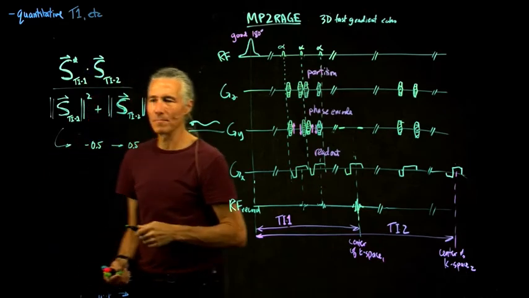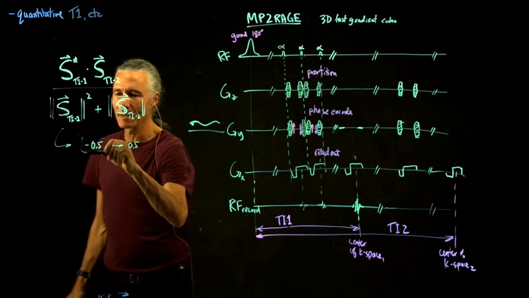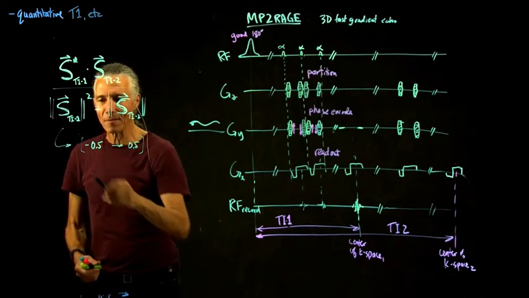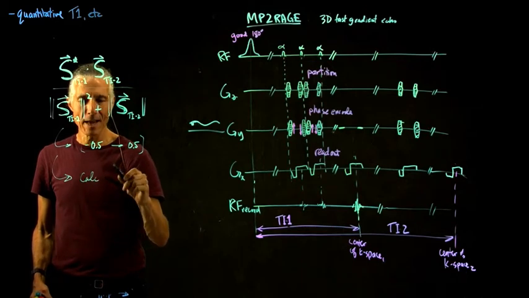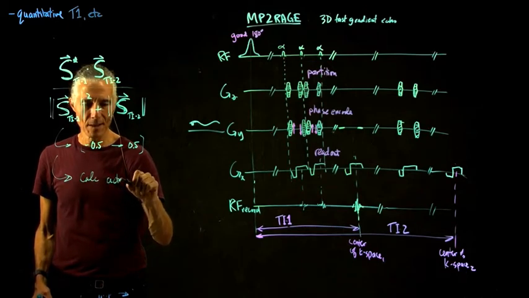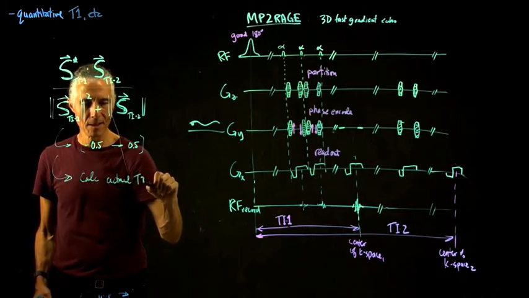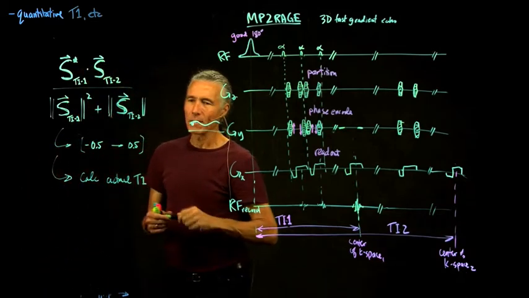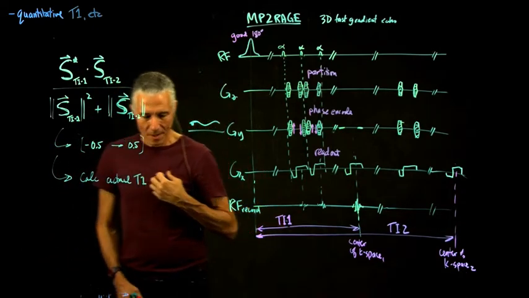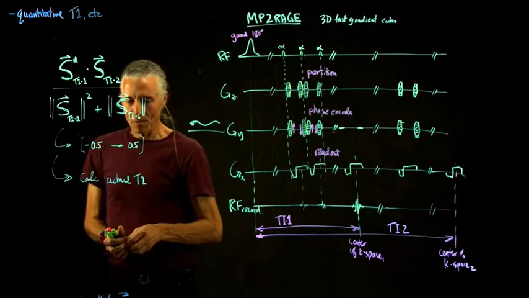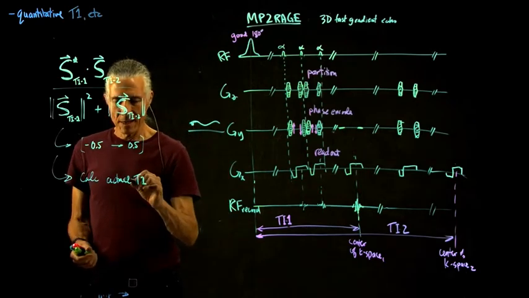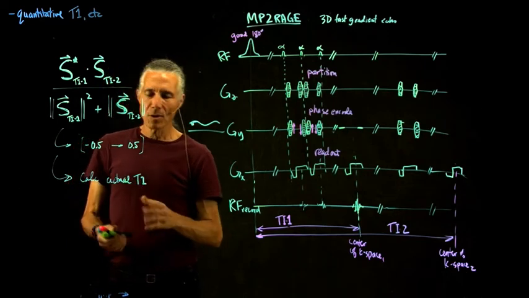That number will be in that range. And then you can run some MATLAB and calculate the actual T1. So this is a way of trying to get a more quantitative number.